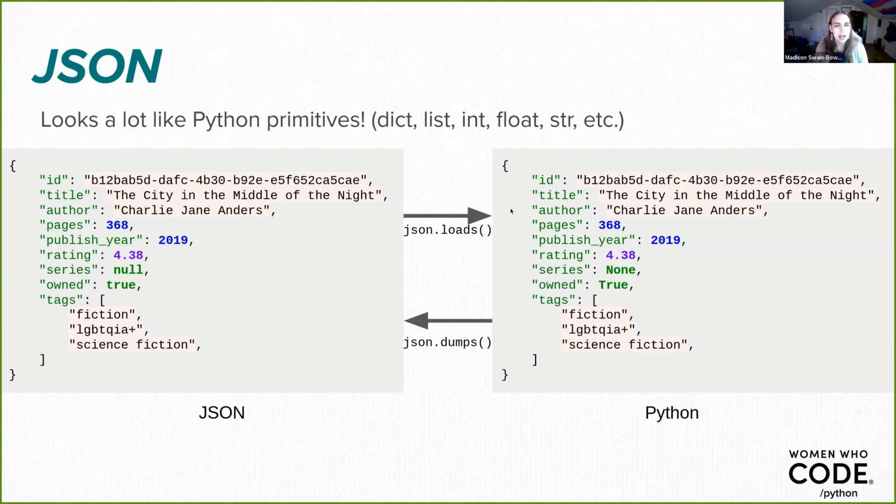So I've pointed out we have ways to convert JSON to the stuff that we know in Python. The Python standard library comes with this json module, and we can get from JSON to Python with the json.loads function, which stands for load string. Then we can get back to JSON from Python using json.dumps, similarly dump string.